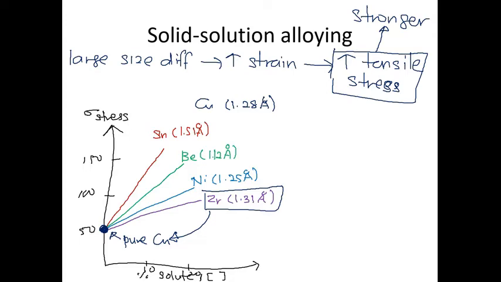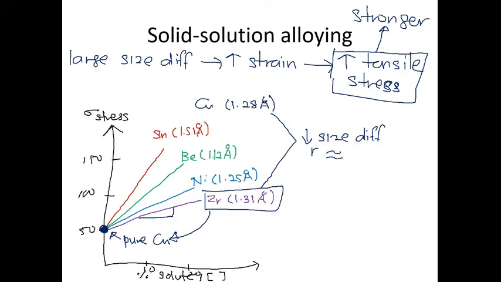You can see the gradient, or the slope of this graph, is smaller. Why does that happen? Because they have a small size difference, or the radius of the atoms is about the same.